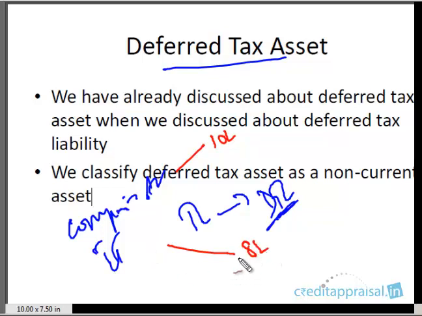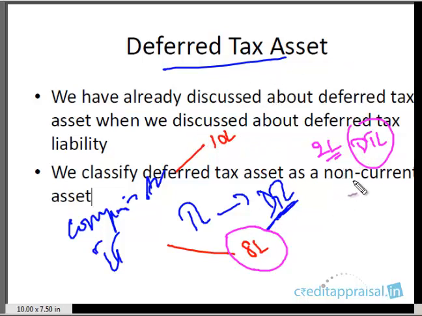This is as per their assessment, and the company usually pays as per the order of the IT department. So the company has paid only 8 lakhs, but as per the books it has to pay 10 lakhs. So a 2 lakh deferred tax liability arises because the company didn't pay 2 lakhs that it has to pay as per the books.